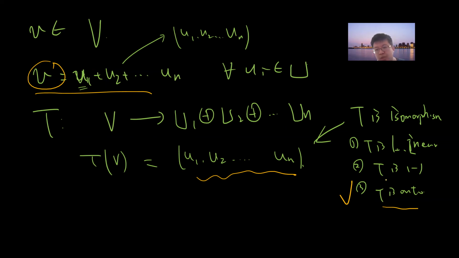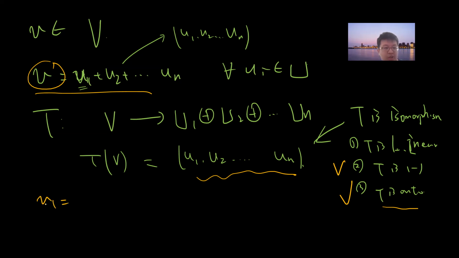And T is one-to-one means that different v should give you different tuples of u. But by definition, my internal direct sum is defined as the only way, so different v must have different u, so at least one component should be different. So T is one-to-one is also trivial. And T is linear is basically from the definition; you can check by yourself.